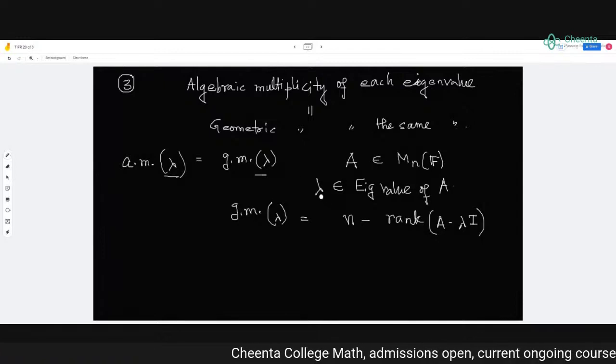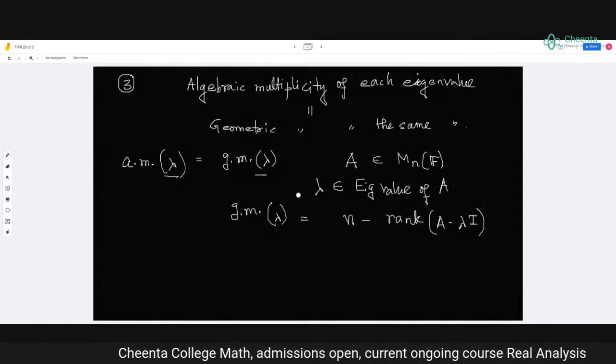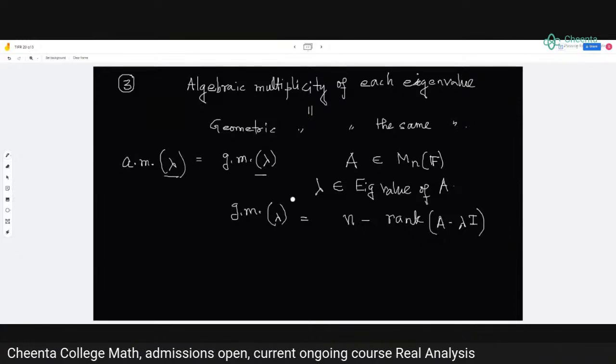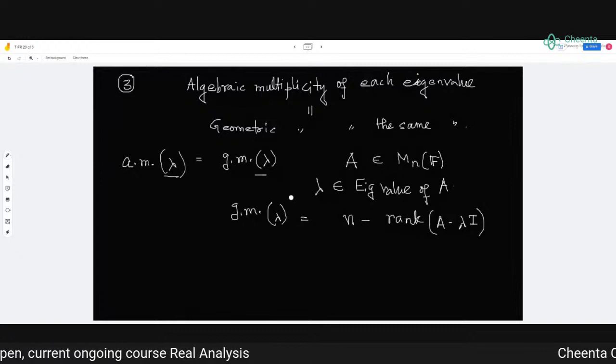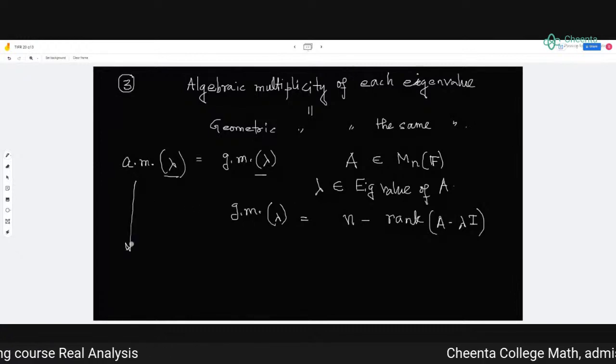What is algebraic multiplicity? Algebraic multiplicity is precisely the number of times the eigenvalue occurs as a root of the characteristic polynomial.